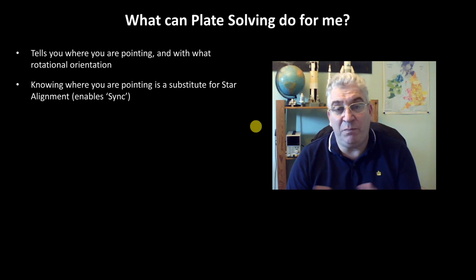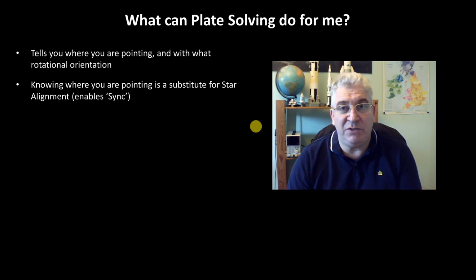Now if you plate solve, you don't need to use a bright star, you don't need to try to fight to get that star to be inside your field of view. You just slew to somewhere, take a picture and plate solve, and the plate solve determines where you're pointing and creates the sync point for you if you command it to.